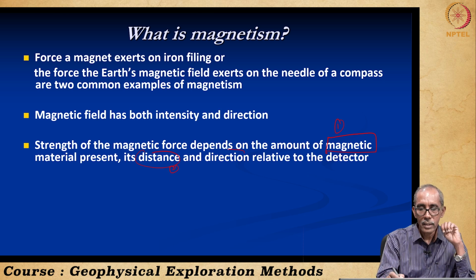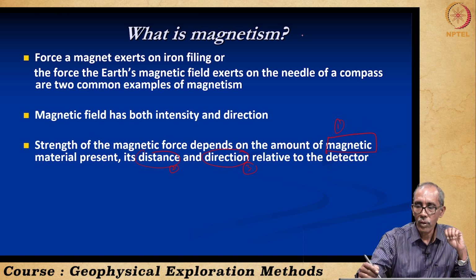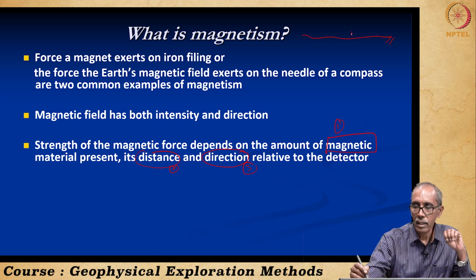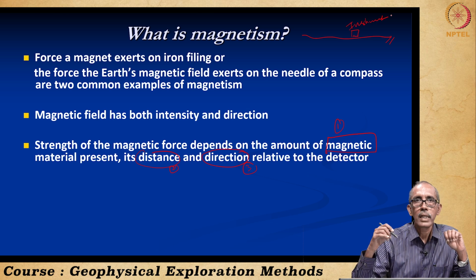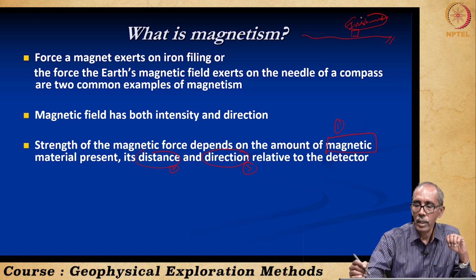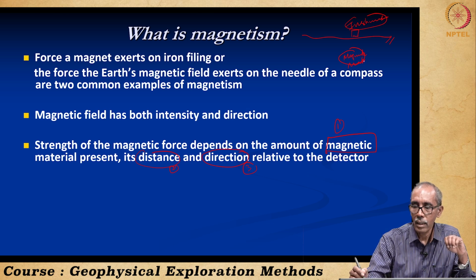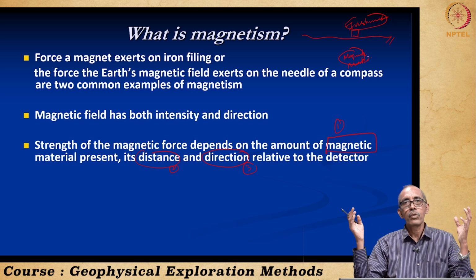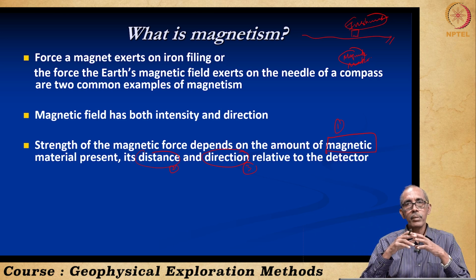Number three, its direction from your instrument. Suppose you are above the surface of the earth and have deployed your instrument to measure the magnetic force. The measured value depends on the magnetic material present, that means whether there is too much or less magnetic material below the surface.